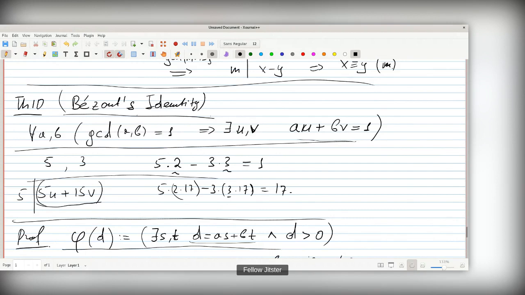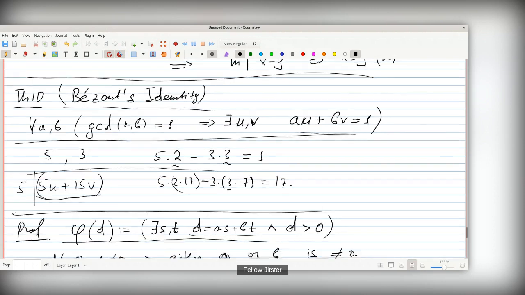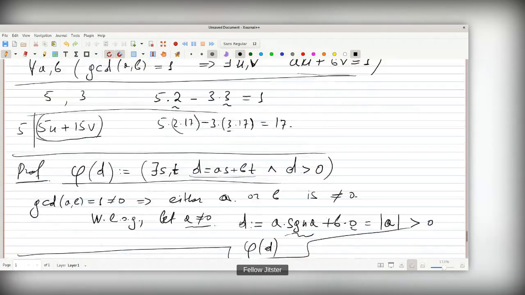Please notice that this proof was not too good, because there is no explicit way to find this S and T. We have taken some minimal linear combination, but which one is minimal?